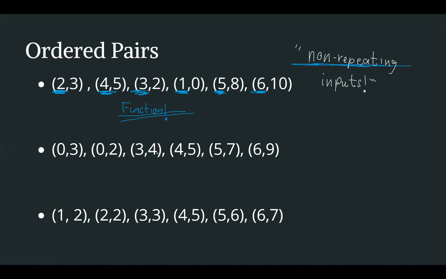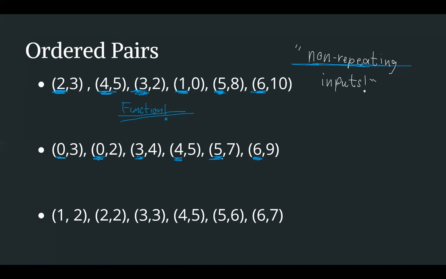So next, how about this one? Let's take a look again at the inputs. We have 0, 3, 0, 2, 3, 4, 4, 5, 5, 7, 6, 9. So the inputs are 0, 0, 3, 4, 5, and 6.